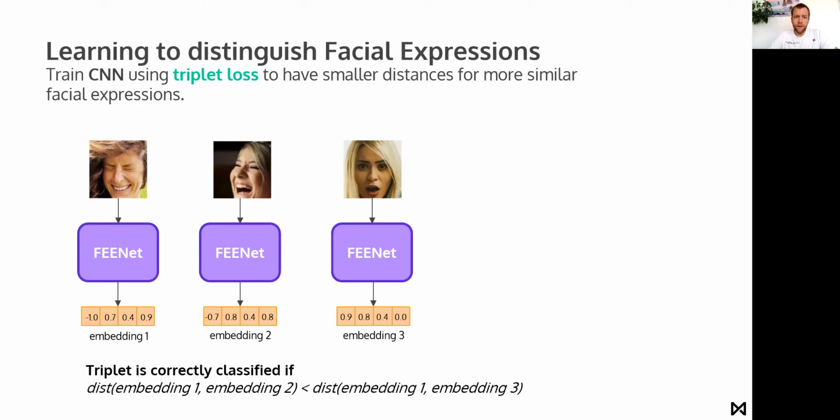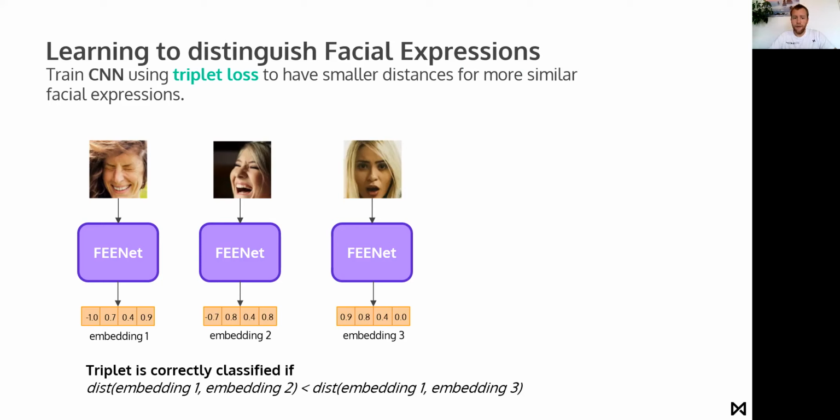And we use what is called a triplet loss, which basically says, well, the two facial expressions that are more similar, they should have a smaller distance. And now if you recall from high school geometry, if you have a vector, you can measure the distance between this one and another vector.